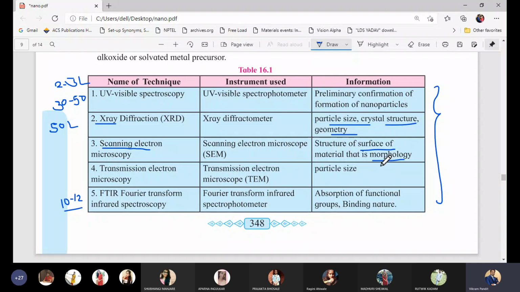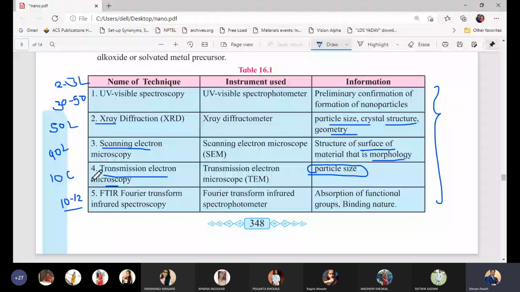And when you go for TEM, it will give you the exact particle size. So this is very important. TEM, transmission electron microscopy, is very costly. Certain instruments have a price of like 10 crores. Okay, so this is not available everywhere. Colleges can have UV, colleges can have FTIR, even a college can have XRD.